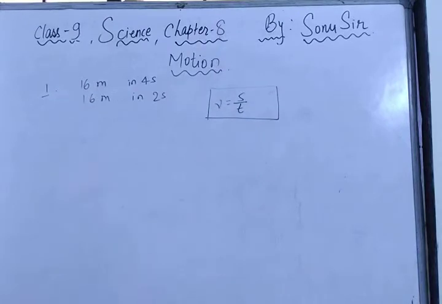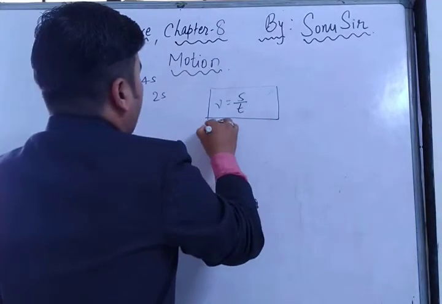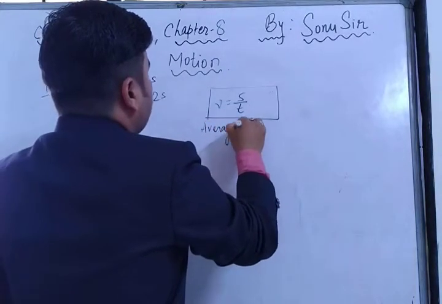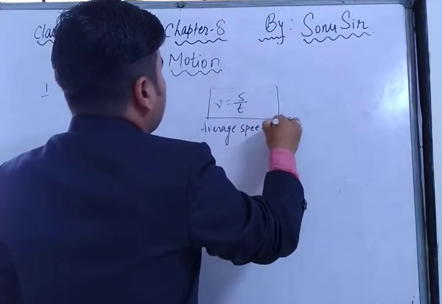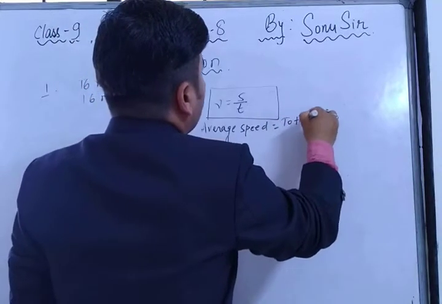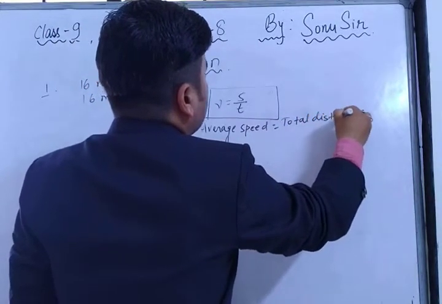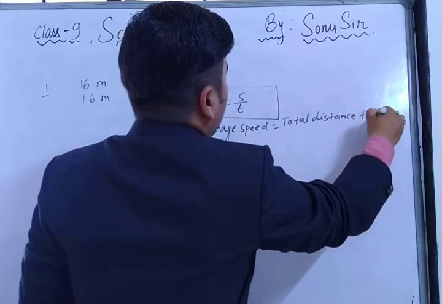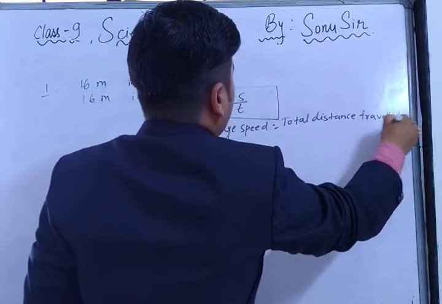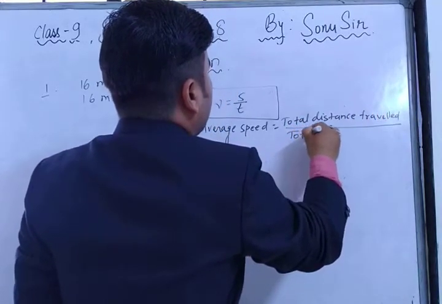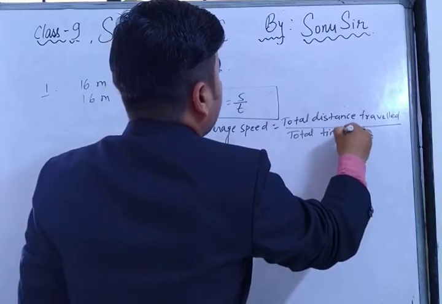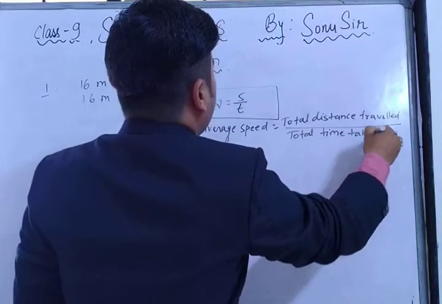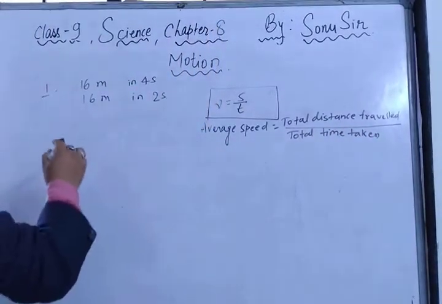Average speed is equal to total distance traveled by total time taken. Got it? So here you can tell me what is the total distance.